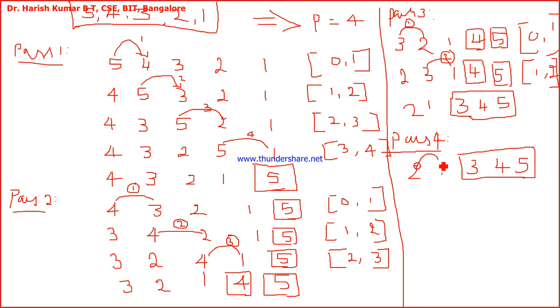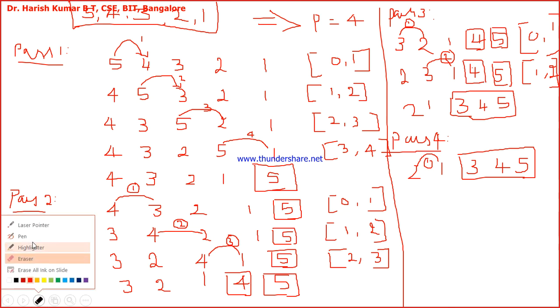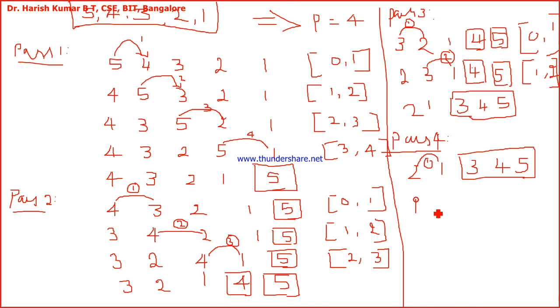This is the first comparison. Since 1 is less than 2, there is a swap. 1, 2, 3, 4, 5. The sorted array.